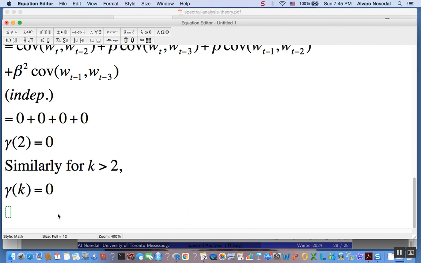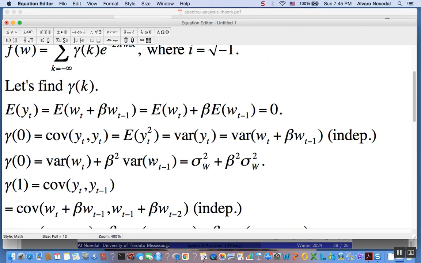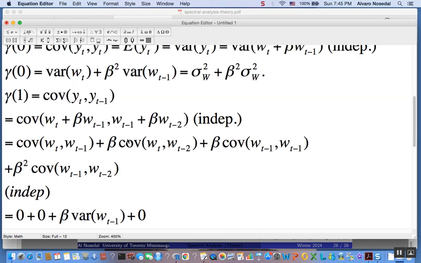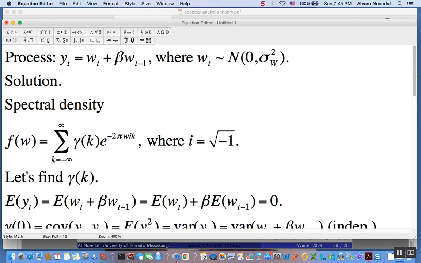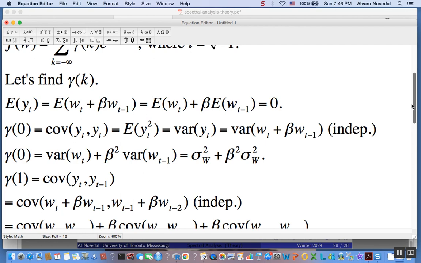So let us just summarize what we have. Okay? So what we have here is that gamma at lag 0 is sigma squared of w plus beta squared sigma squared of w.